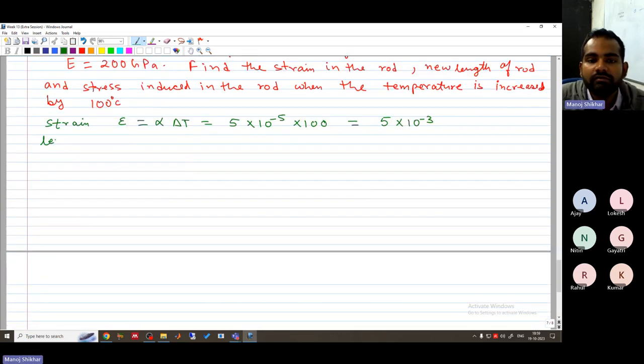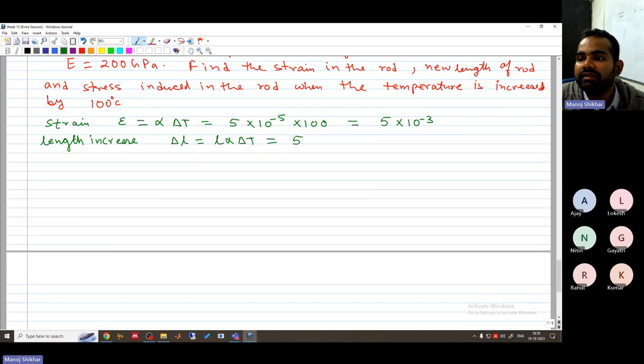New length will be what? Length increase. So you have to find length increase. So delta L is L into alpha into delta T. So basically 5 into 5 into 10 power minus 3, so 25 into 10 power minus 3 meters.